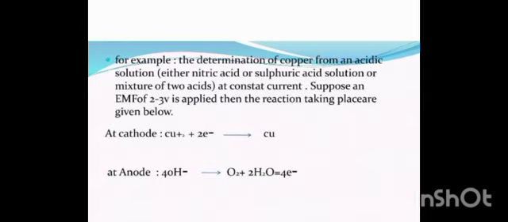For example, the determination of copper from an acidic solution, either nitric acid or sulfuric acid solution, or a mixture of the two acids, at constant current. Suppose an EMF of 2 to 3 volts is applied, then the reaction given below takes place.